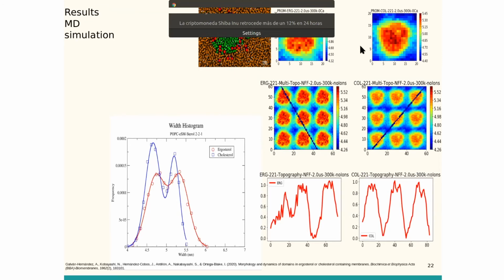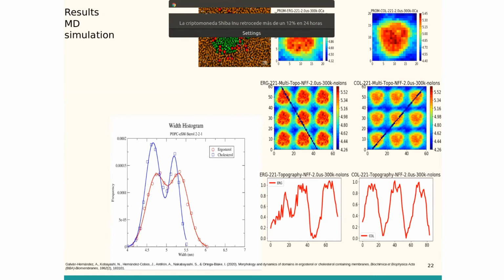Here we have this image for cholesterol and ergosterol, reproducing the simulation box several times in order to get lines like that. What we have is a difference in the width, mainly in the height.